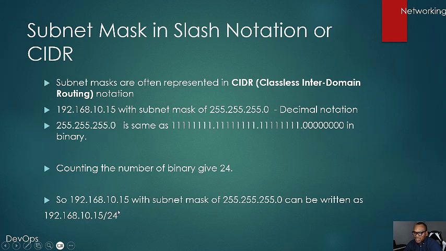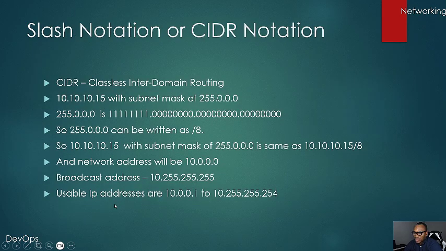Write the IP address, write /24. This means that the first 24 bits are used for the network, and the remaining 8 bits will be used for the host. That's what it means. Let's move on. So let's assume you also have 255.0.0.0 as your subnet mask, and the binary representation is this, and where these ones end, that's where the network portion ends, and this is 8 bits.